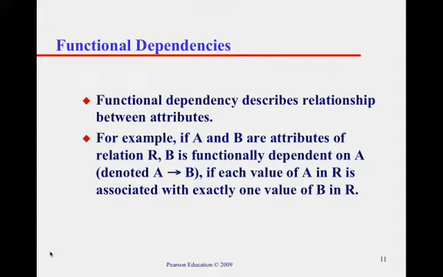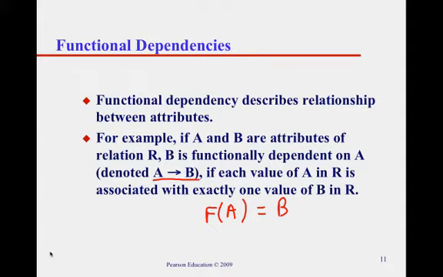It's denoted as A with an arrow to B, but what it's really saying is that given some set of attributes A and a unique set of values for them, it uniquely determines some value B.